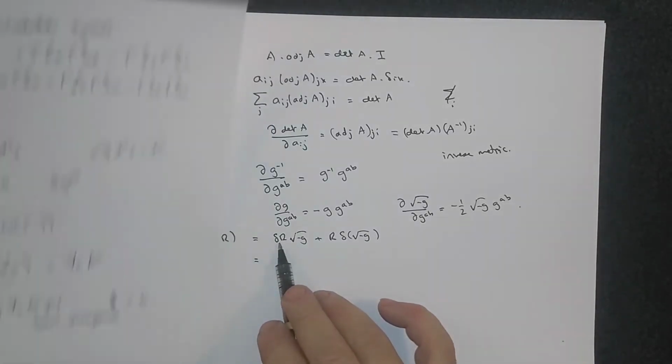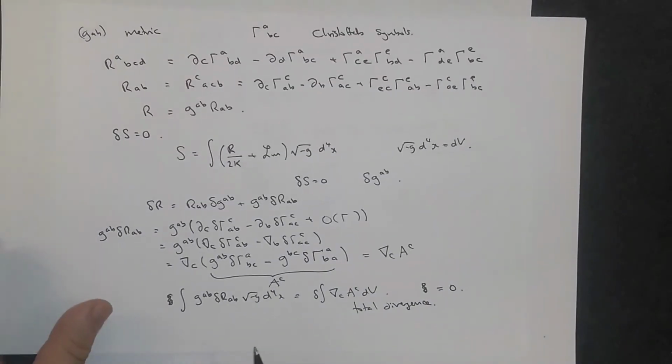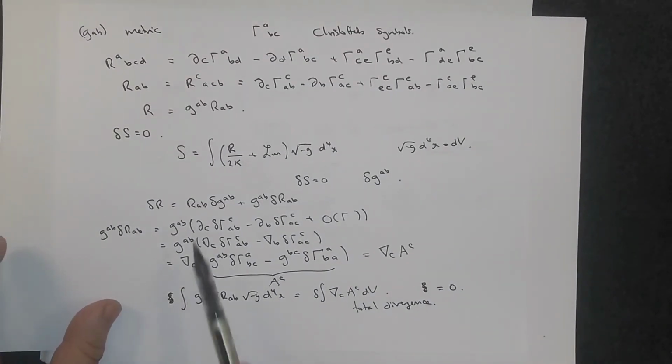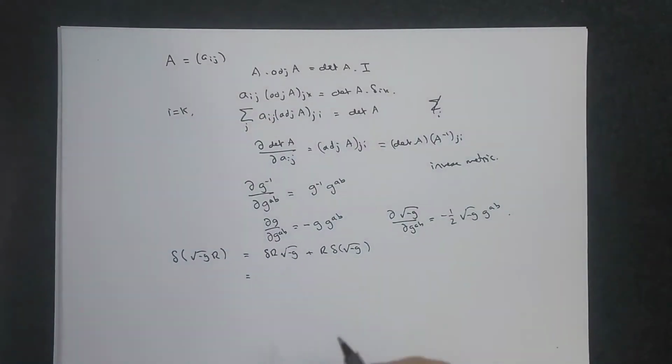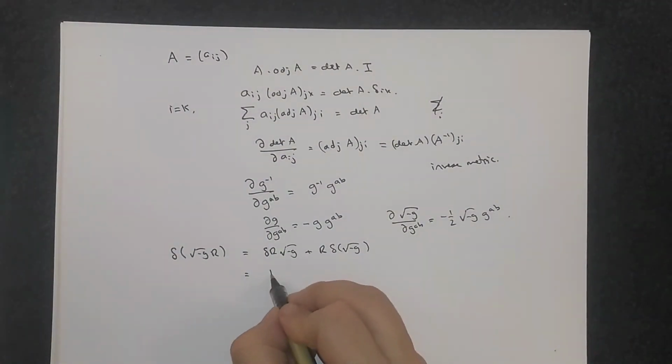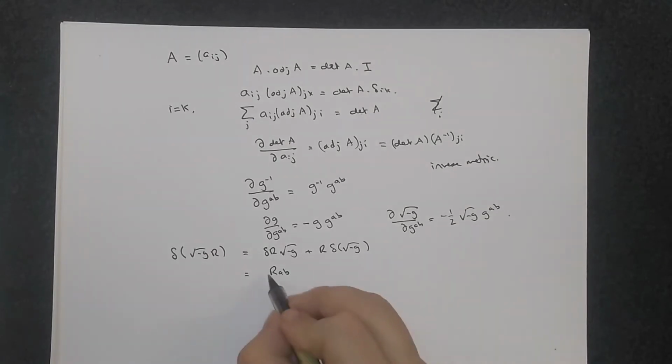And this thing we worked out a second ago, it was just that term there, up to the addition of a total divergence, R_AB.